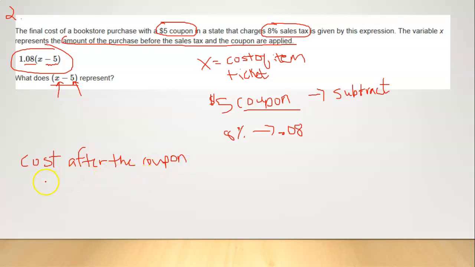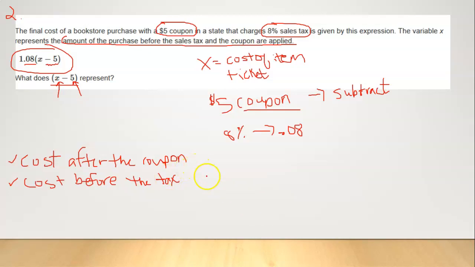Another way to think about this is you could say it's the cost before the tax is applied. So there's definitely a few different perspectives for this one. And I know that most of the questions in our quizzes and tests are multiple choice, so you'll definitely just want to pick the one that makes the most sense.